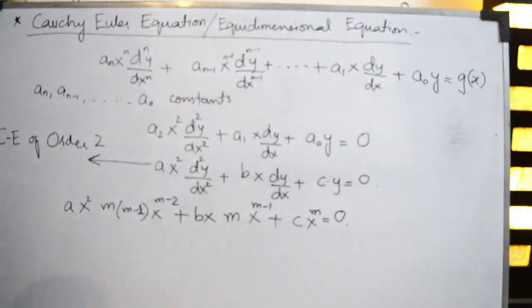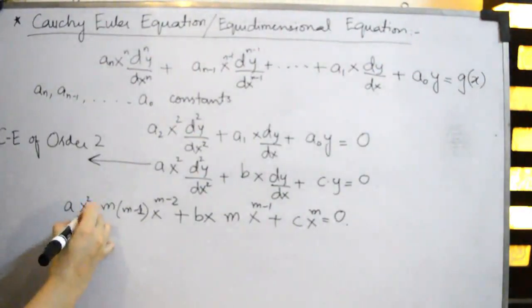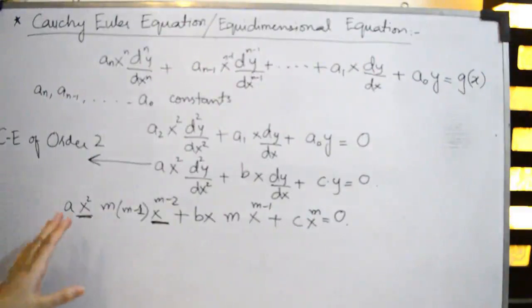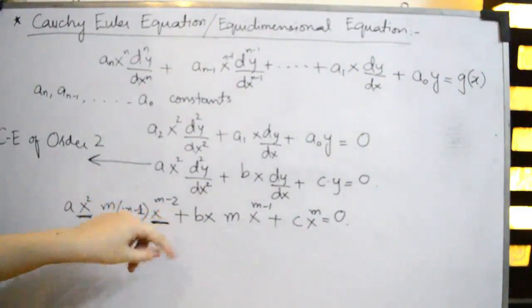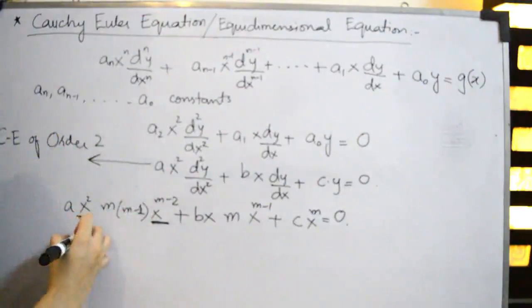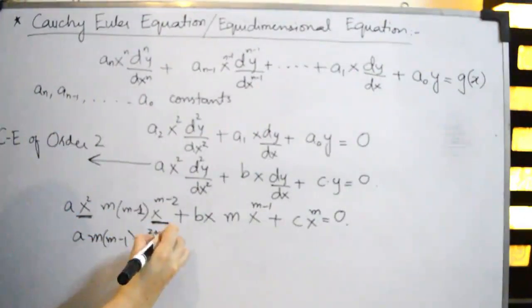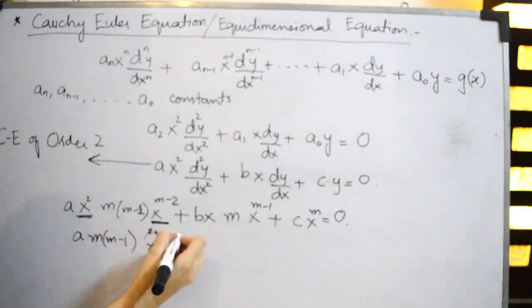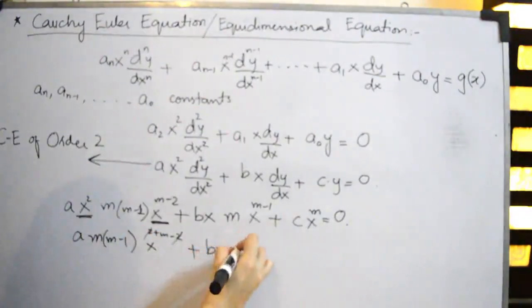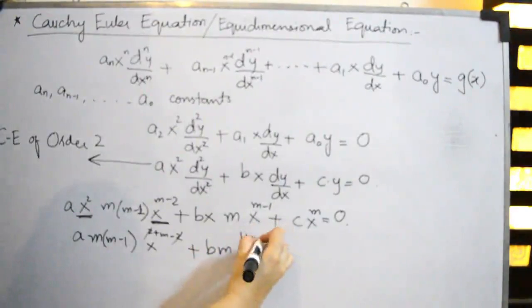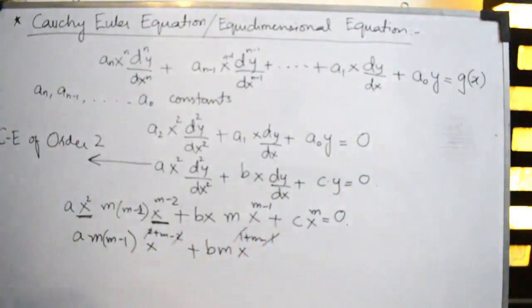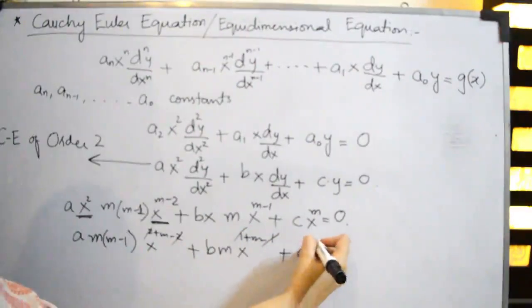From here we construct the auxiliary or characteristic equation. Because x has the same base, powers are added: x^{2+m-2}, where 2 and -2 cancel, and b m x^{1+m-1}, where 1 and -1 cancel, and c x^m.